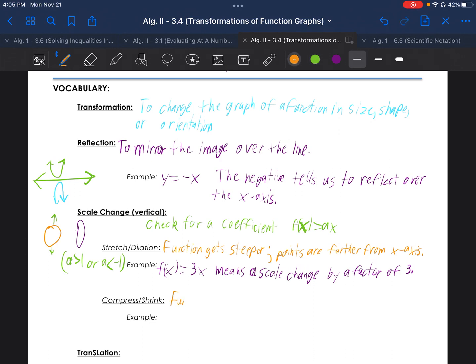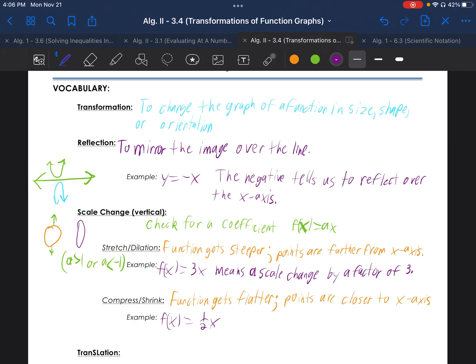Compress. The function gets flatter, and the points are closer to the x-axis.